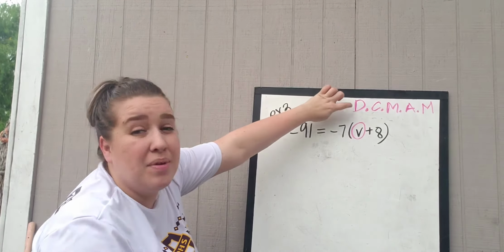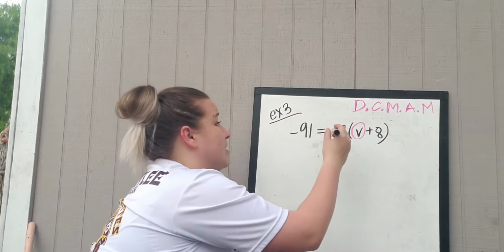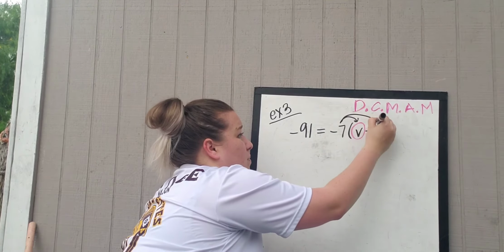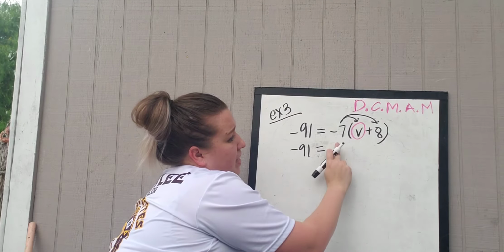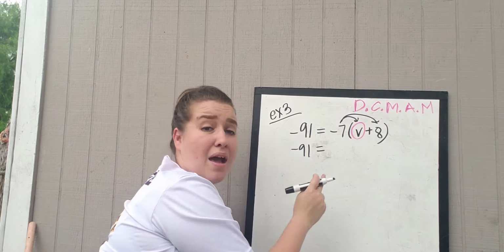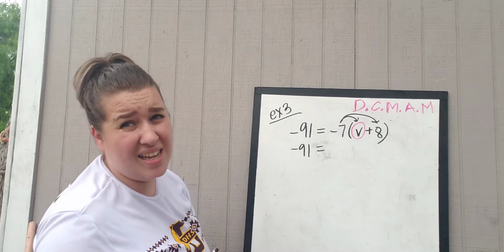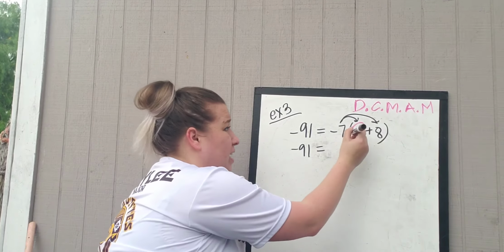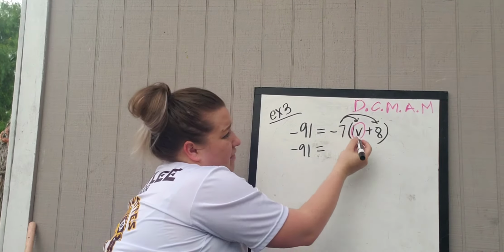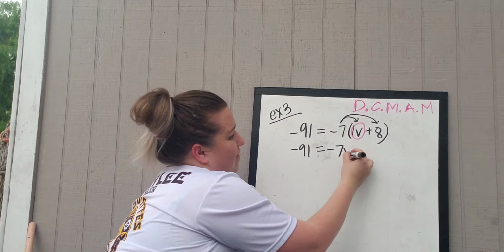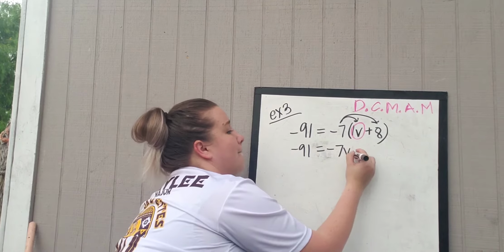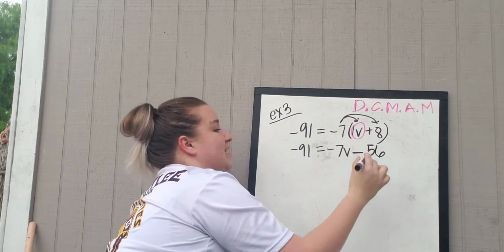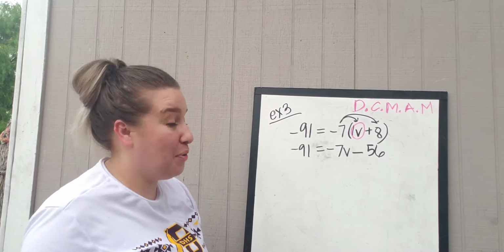Our first step is distribute because we have parentheses. So we're going to distribute here. Our negative 91 is going to drop. But this becomes, what number is here that we don't see? The only number in math that can come and go whenever it feels like it is 1. Negative 7 times 1 is negative 7b. Negative 7 times 8 is negative 56.